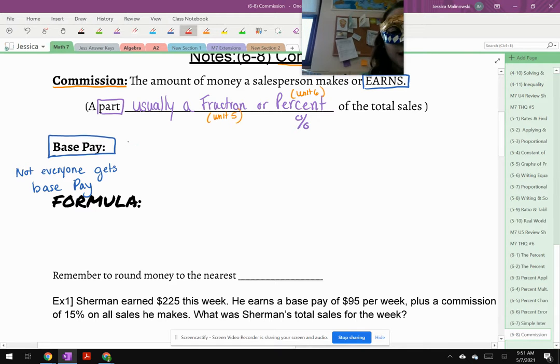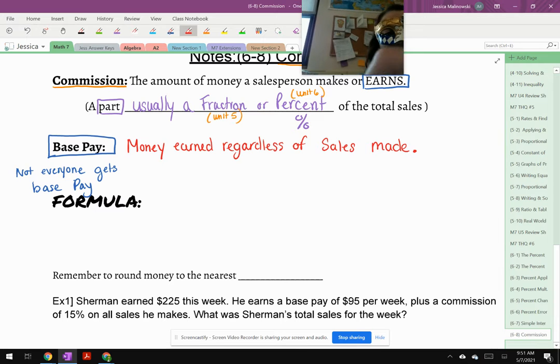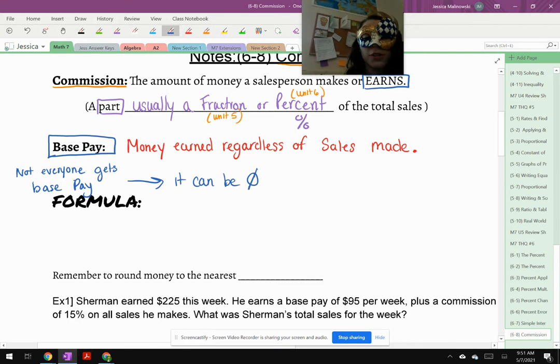So base pay is the money earned regardless of sales made. And because not everyone gets a base pay, sometimes it can be zero. You're going to run into situations where there is no base pay.